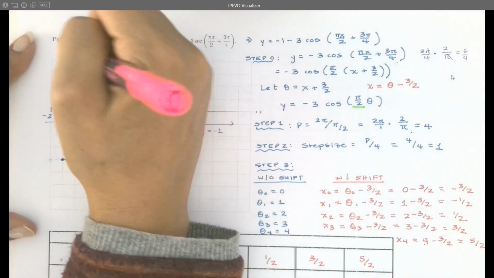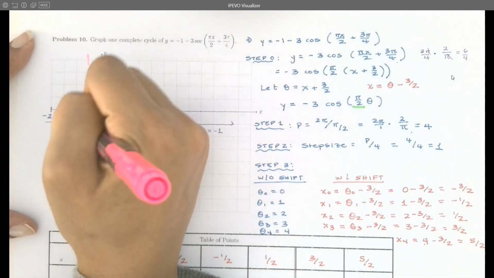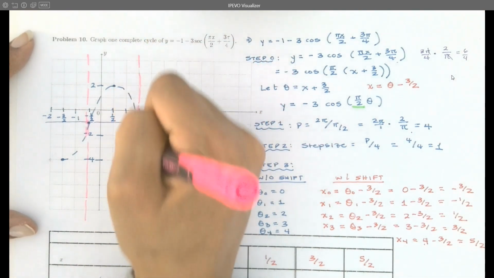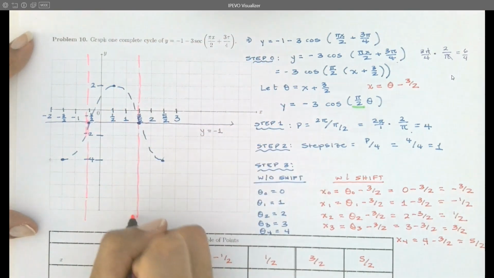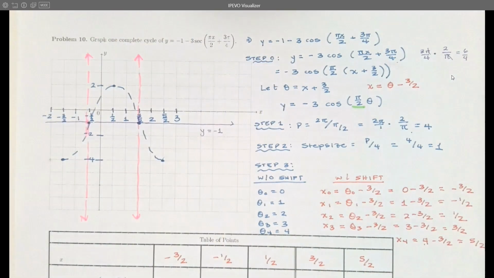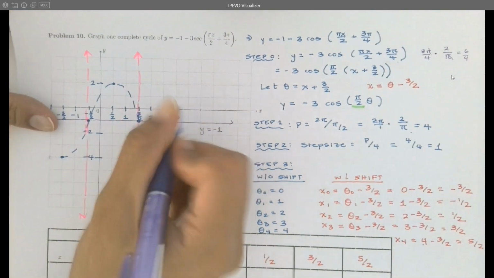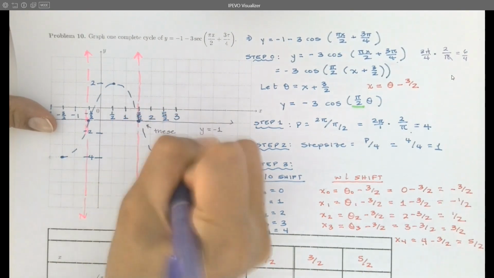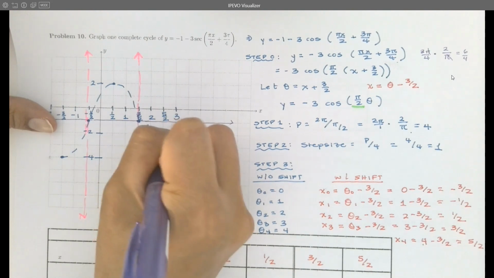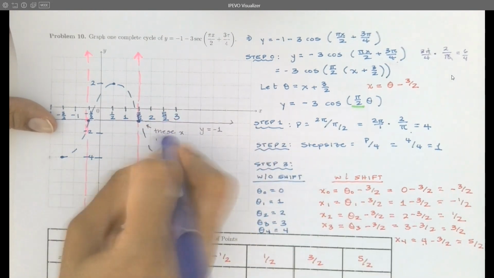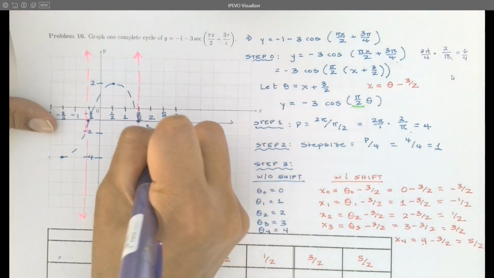So we'll have an asymptote here and an asymptote here. We'll say these x values make cosine 0.